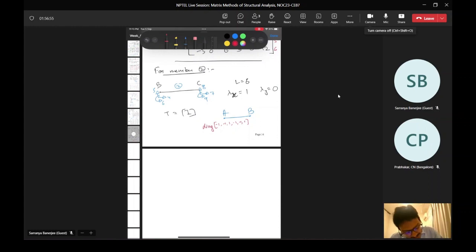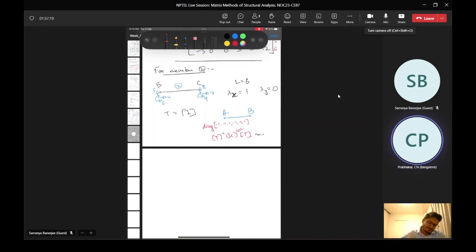What we are basically doing here is T transpose, then K, and then T. When we multiply, everything remains 1, the value of K doesn't change, only the signs change. I think it will be the same.